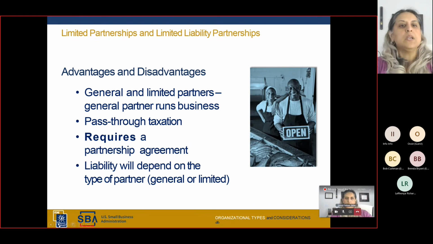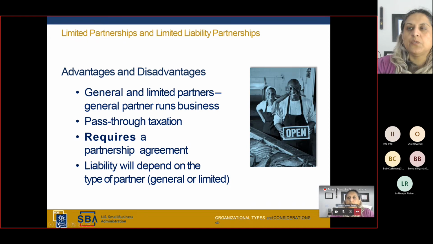So continuing with transferability, how long the limited partnership exists depends on the partnership agreement. Again, you want to make sure you have the partnership agreement in place. Generally with the limited partnership and limited liability partnership, that is the exact first thing that gets done.